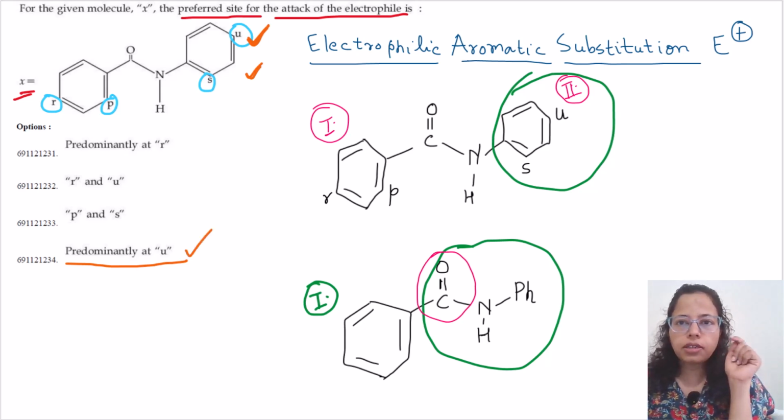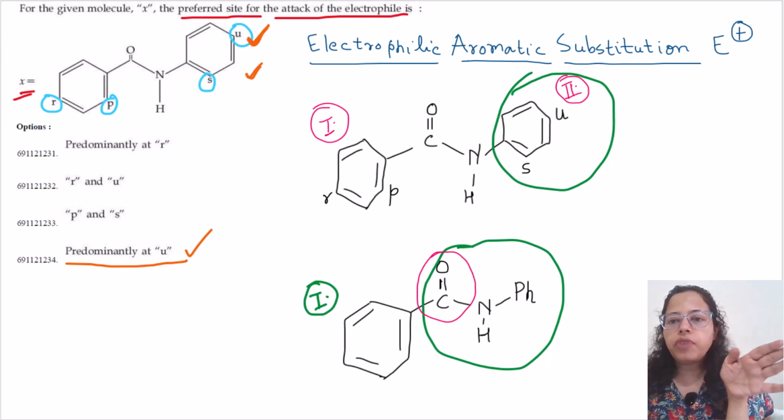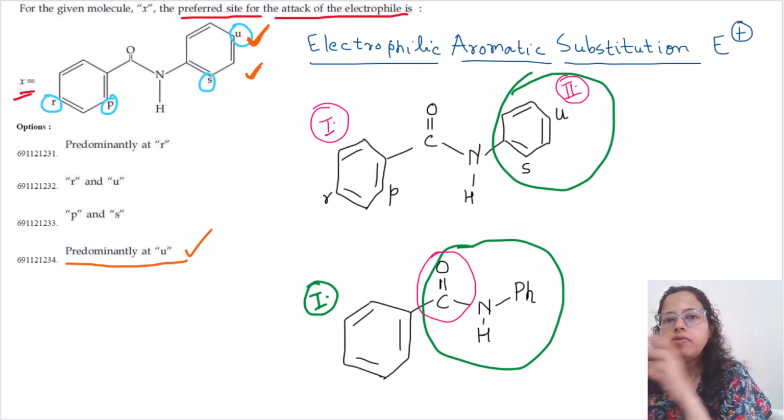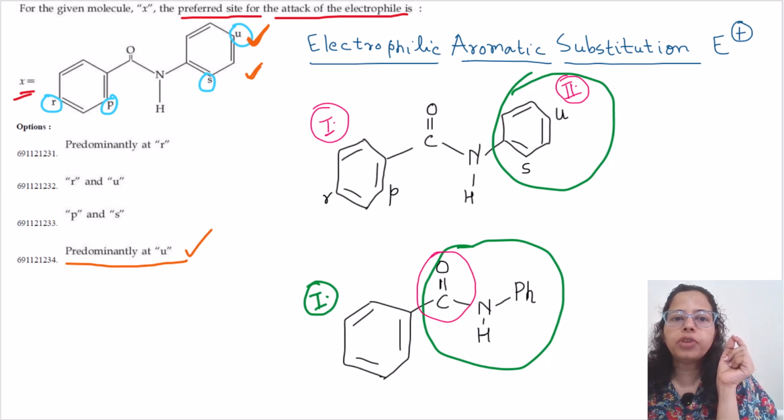Now, just imagine if the question is asked in a different way, and we are asked what should be the order of the electrophilic attack from the most favorable to the least favorable. Then how will you order these 4 positions R, P, S, U?